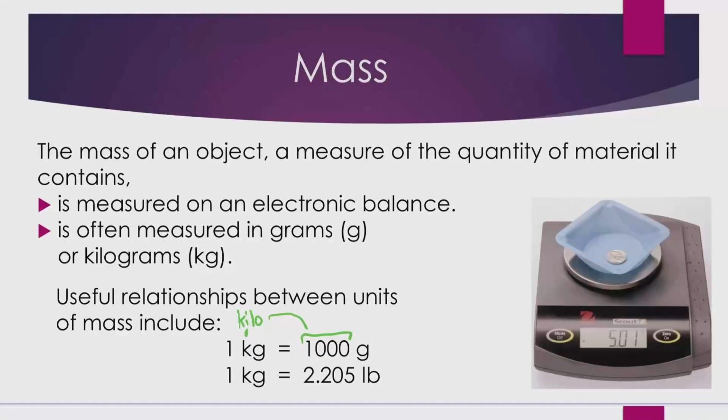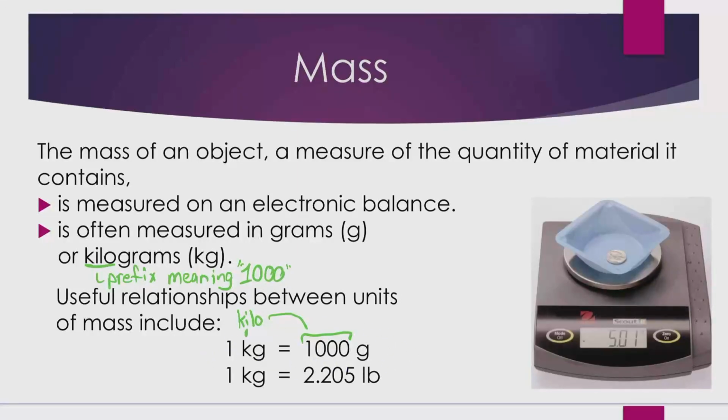So in the metric system, all of the prefixes, the part that we're putting in front of our unit, so gram is the unit, kilo is the prefix, all of these mean a number. We'll see a table coming up that shows all of those. So kilo means 1,000, so a kilogram is 1,000 grams. So that's a very useful relationship.